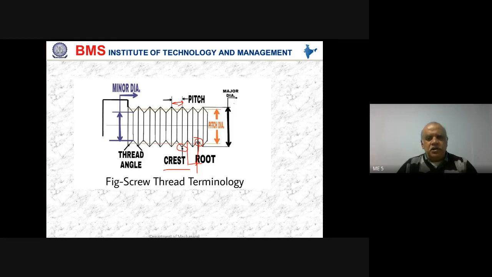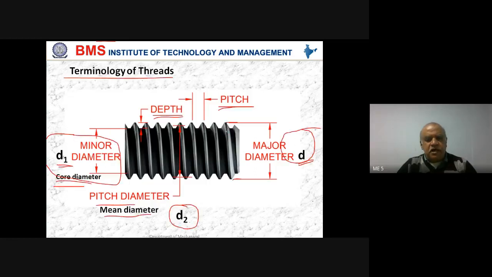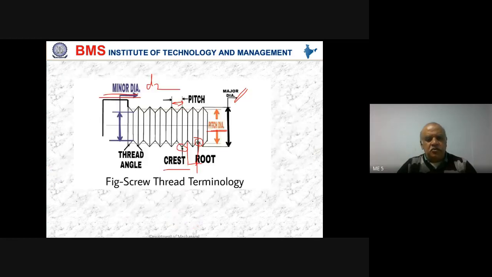Again, we are showing here the major diameter D, the minor diameter or core diameter D1, and the pitch diameter, or mean diameter, D2.